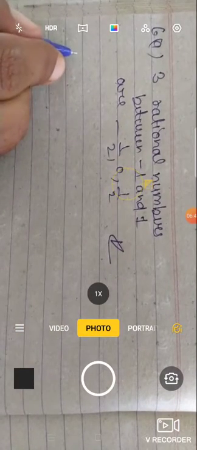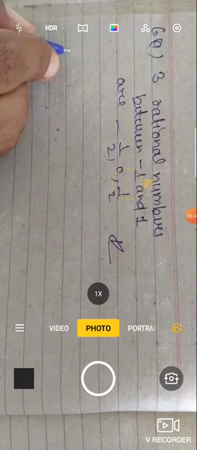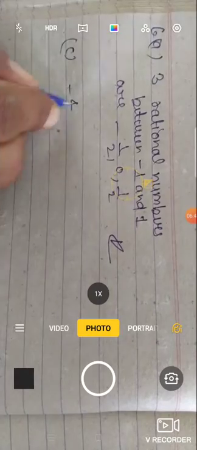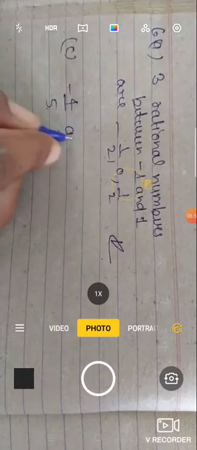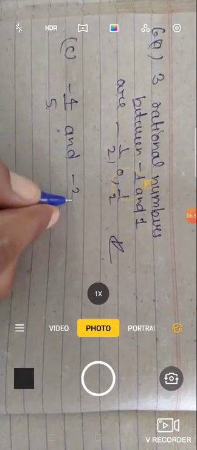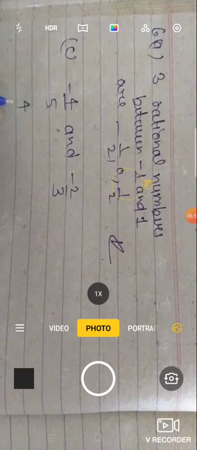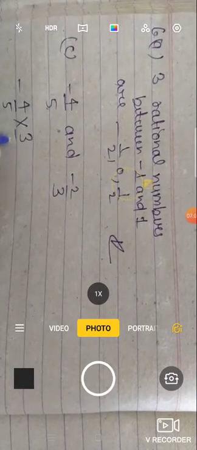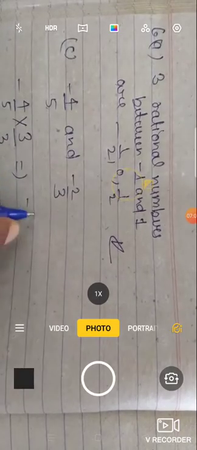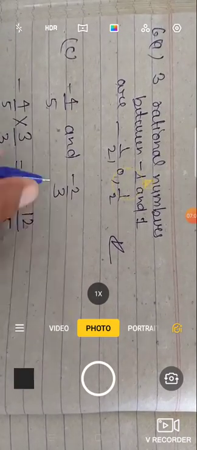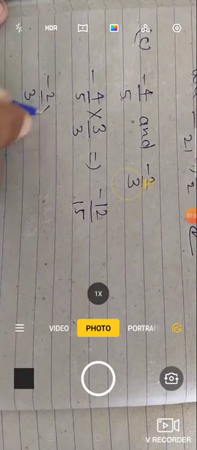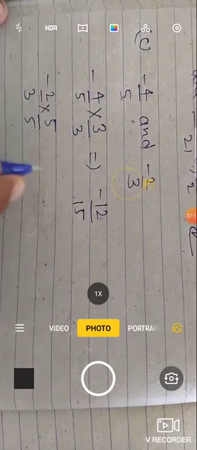Part V. Now dear students, let's see. -4/5 and -2/3. So we have 4/5 and we want to multiply by 3 and 3. So that is -12/15. And the second number we have is -2/3. So we want to multiply by 5 and 5.